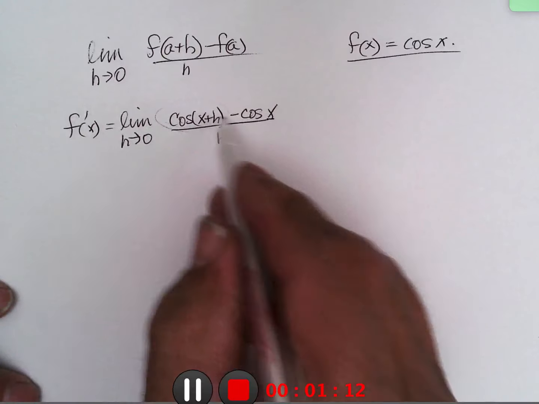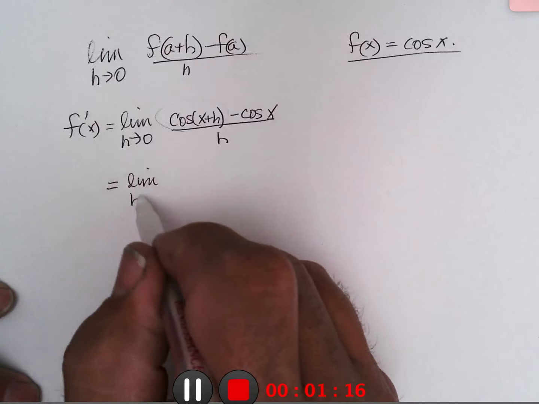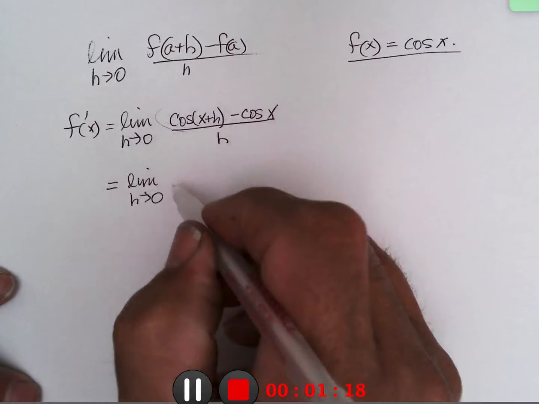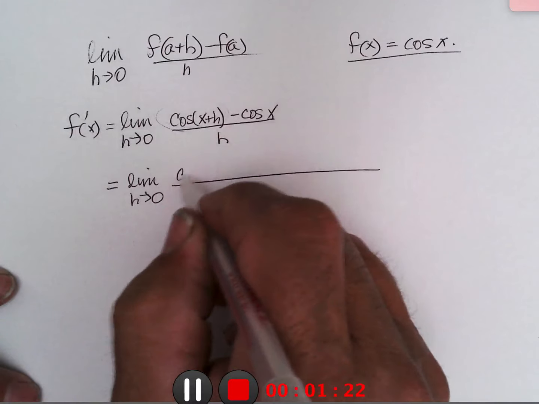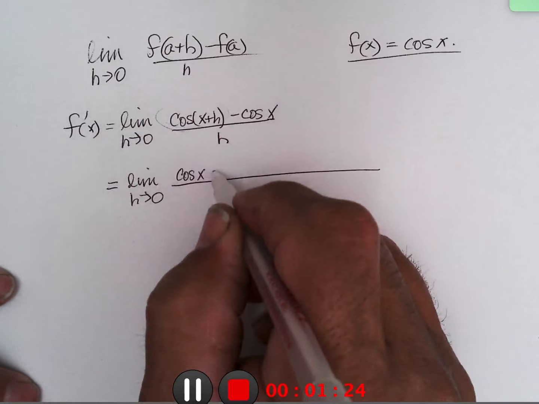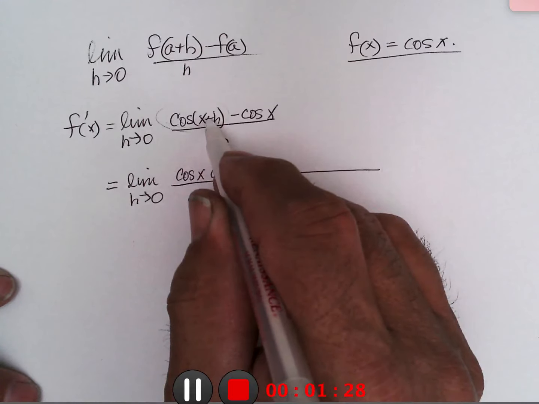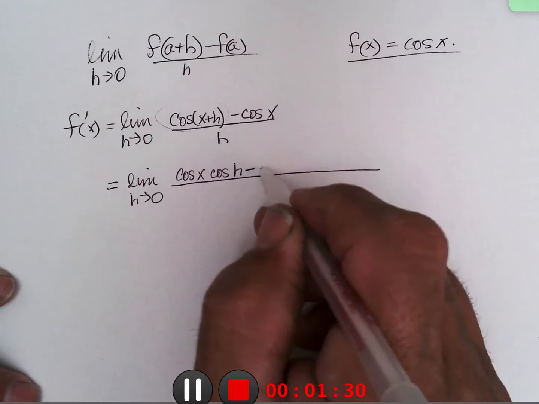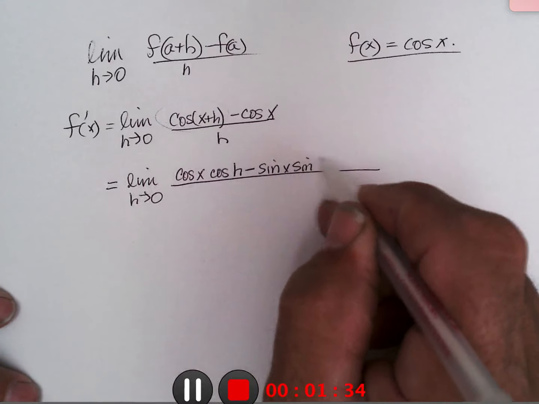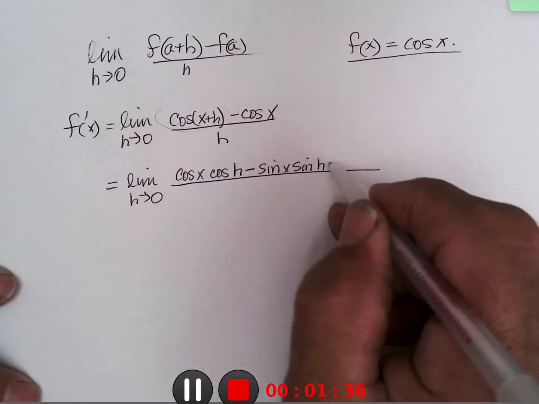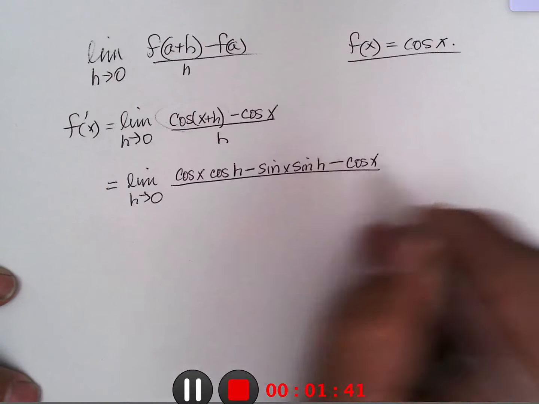So this would equal the limit. And the cosine of two angles added is the cosine of the first, cosine of the second, and when it's plus here, cosine makes it minus, the sine of the first, sine of the second angle. Then we have this minus cosine x at the end, all over h.